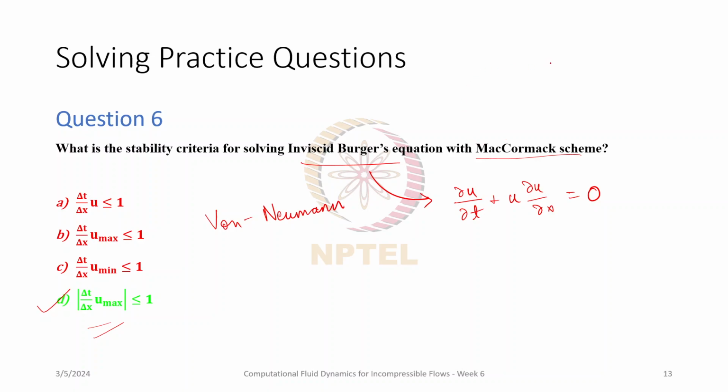And in the MacCormack scheme, we go from the nth to the n plus 1th step with another step in between, that is n plus half. And while doing so, we can take FTCS once and BTCS next, or the other way around as well. We can take BTCS first and FTCS again as well. So this is a combination of implicit and explicit scheme as well.